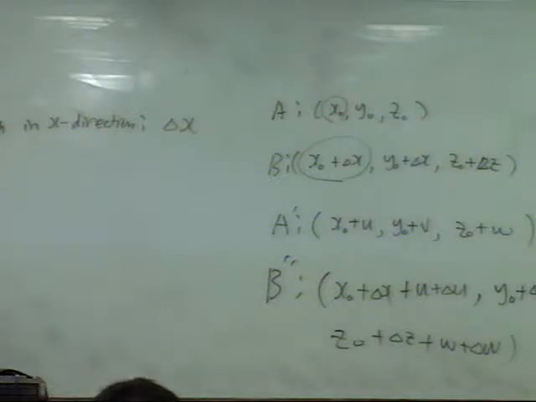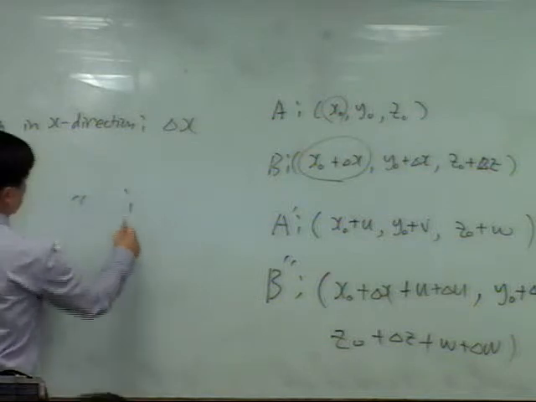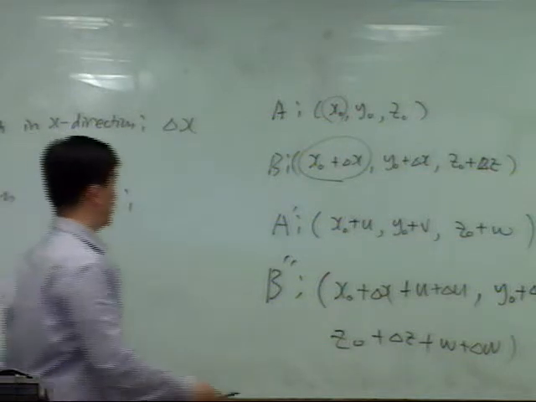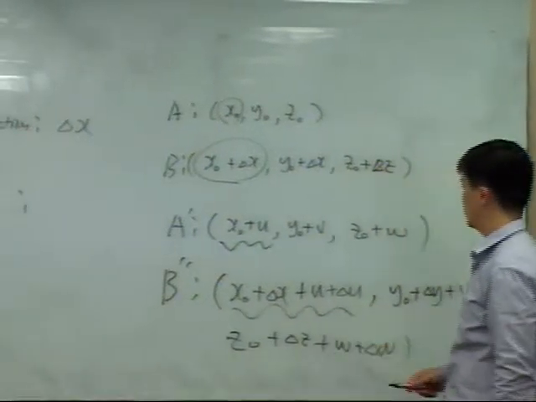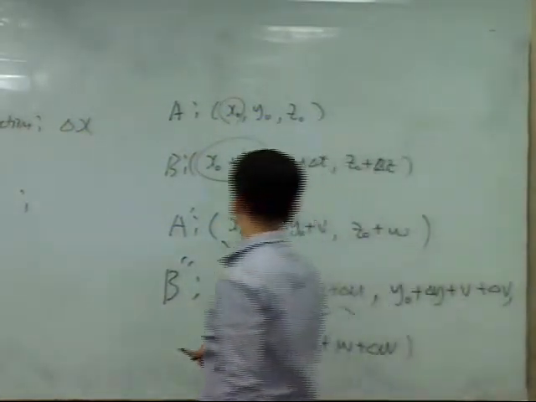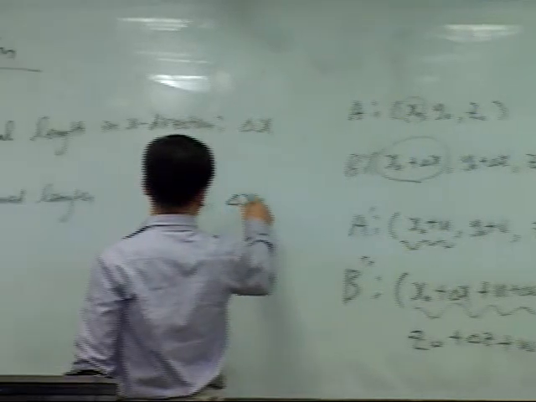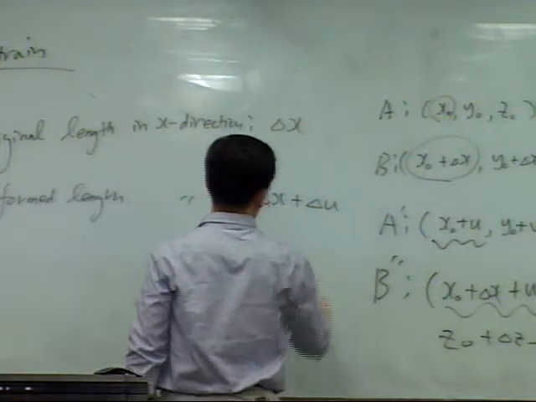And the deformed length: what's the deformed length in the x direction? It can be calculated by the difference between this value and this one. Okay? It will be delta x plus delta u.